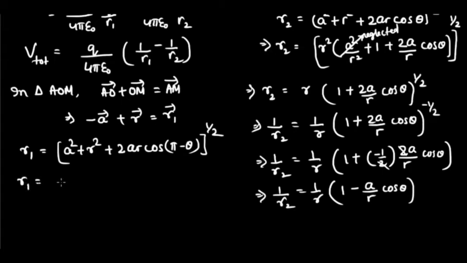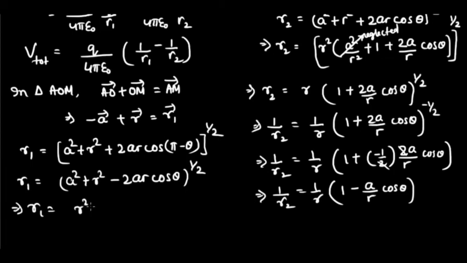So R1 will be A square plus R square minus 2AR cos theta, whole to the power half. That implies R1 equals, you can take R square common, A square by R square plus 1 minus 2A by R cos theta, whole to the power half.